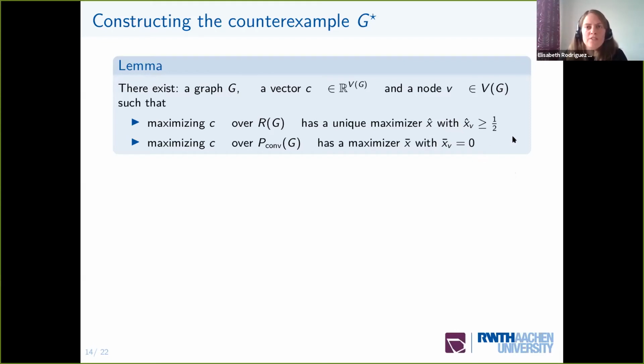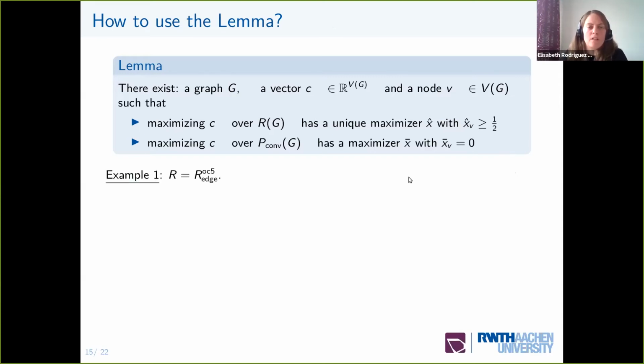What I want to show you is how we use this lemma. I will show this on an example where we consider the formulation defined by the edge inequalities and the odd cycle inequalities for cycles of length at least 5. We define G star as follows. We consider a graph that we call G in such that the polytope R of G in is not equal to the edge relaxation on G in.